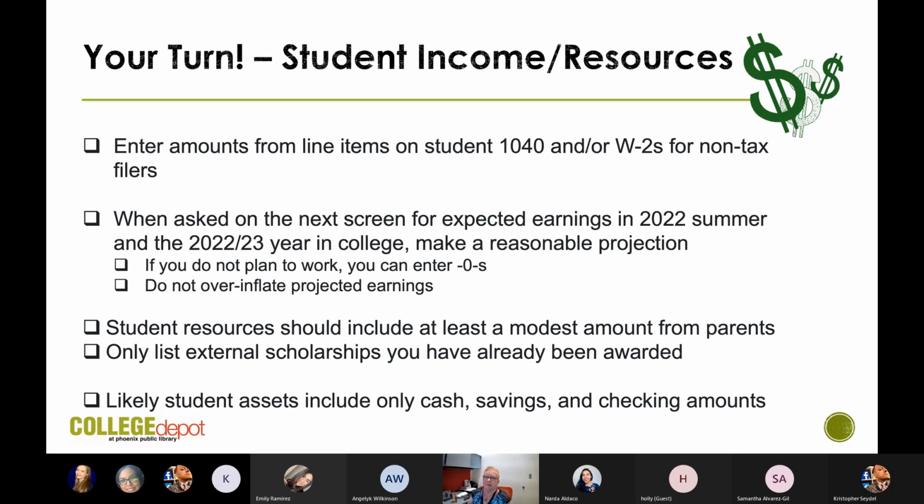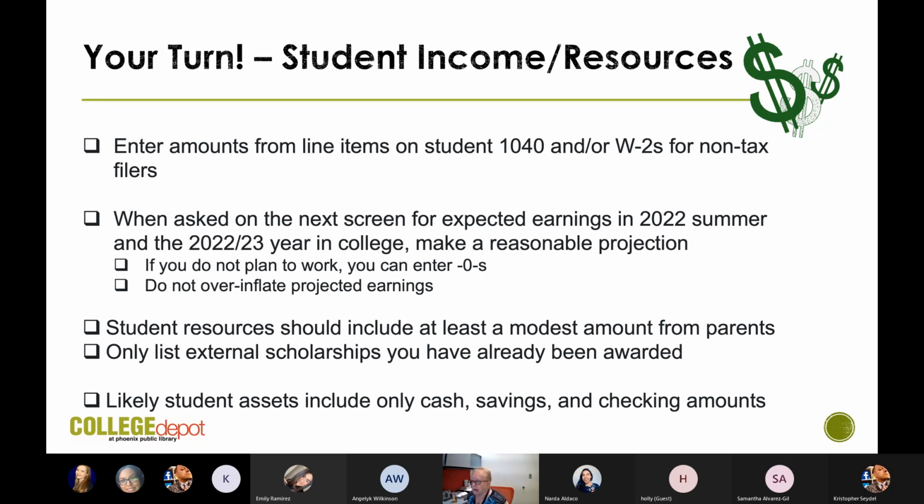So when it says how much money do you hope to get from your parents, my advice remains the same. Say something, unless your parents are way below the poverty line and have absolutely nothing to give to you. If you have any resource at all, even if it's a few hundred dollars, list it there as money from your parents.